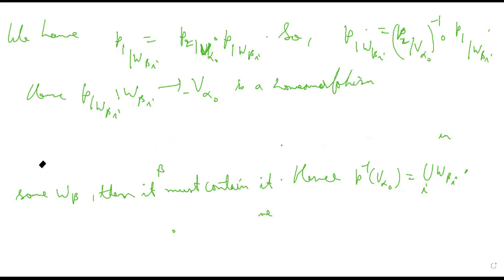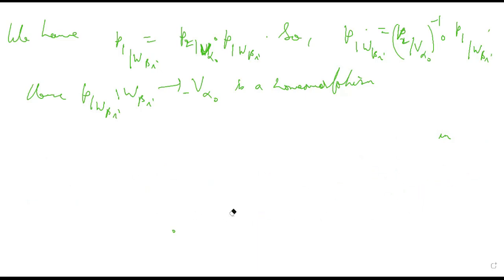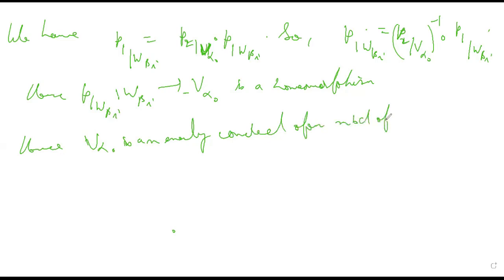This is true for every beta I here. Hence V alpha naught is an evenly covered open neighborhood of y by P. Hence P is a covering projection.